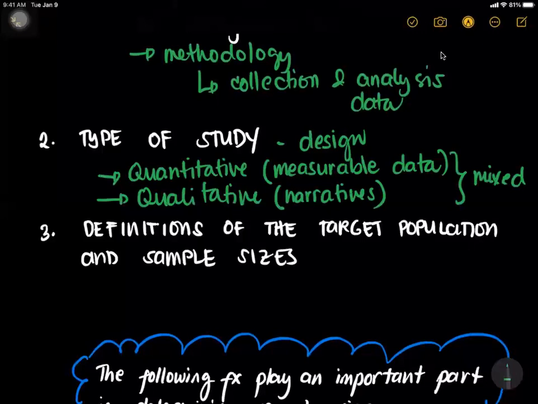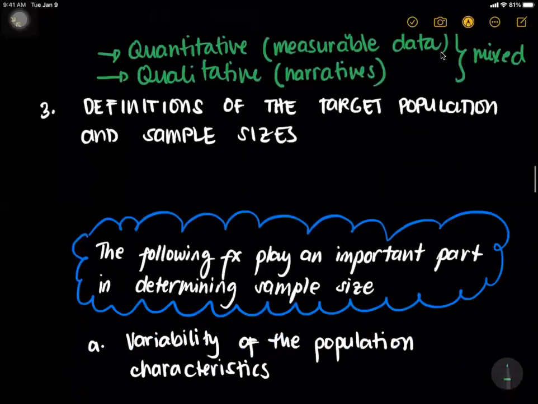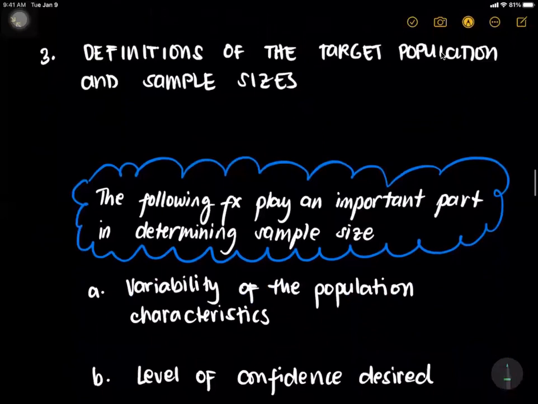Okay, number three is the definition of the target population and sample size. Now, this section clearly defines a specific population under investigation. So you have to note who your target population is. The target population here are the people to whom your study is directed.